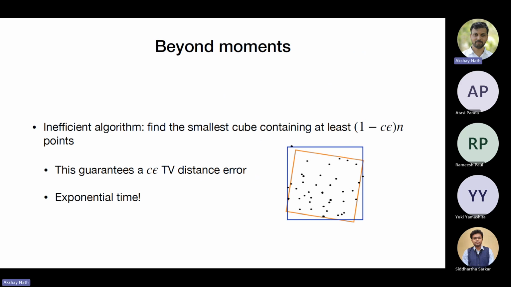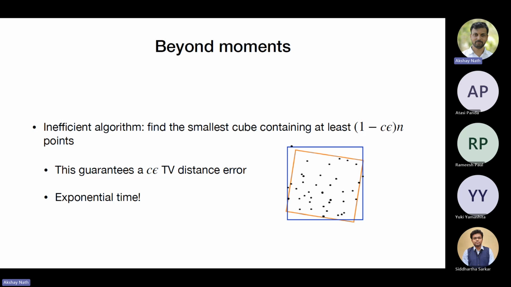So suppose we have those samples, an inefficient algorithm can be: we just find the smallest cube containing at least 1 minus epsilon of the points. We want to cover 1 minus epsilon of the points.